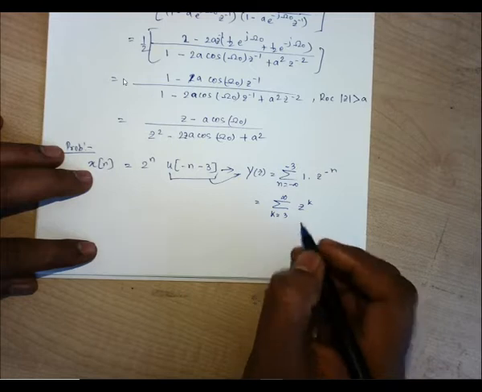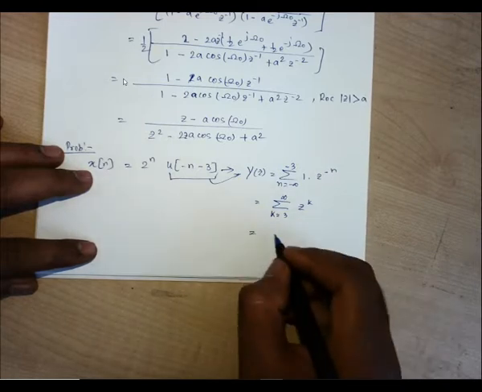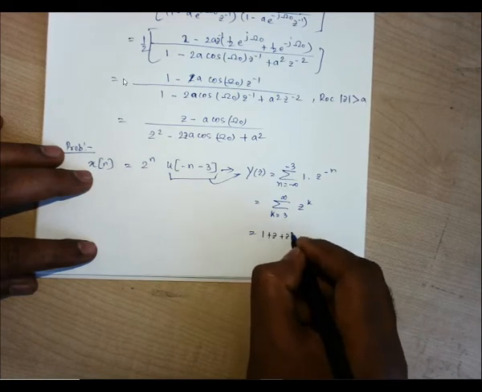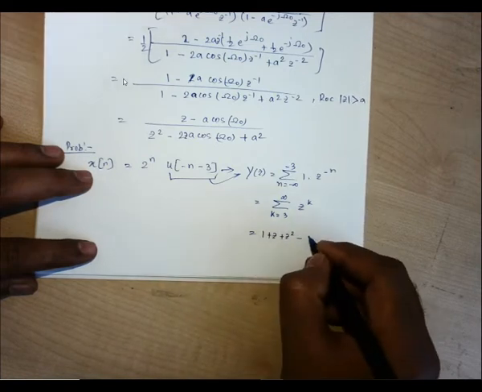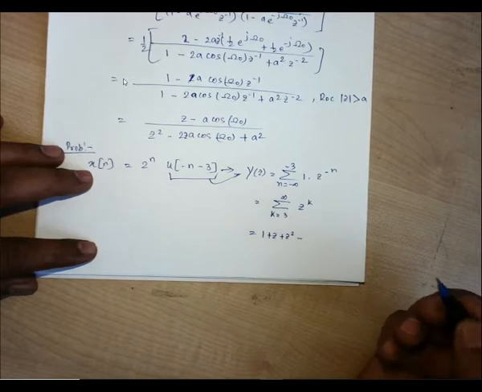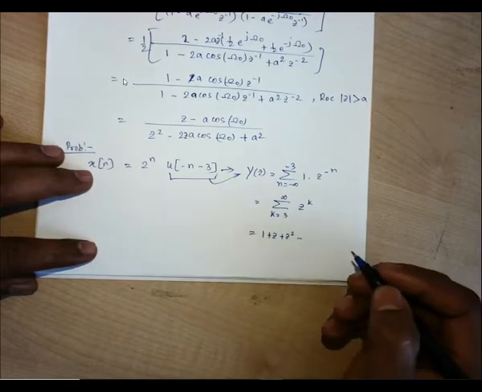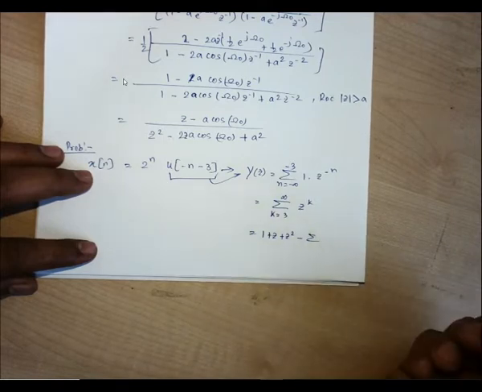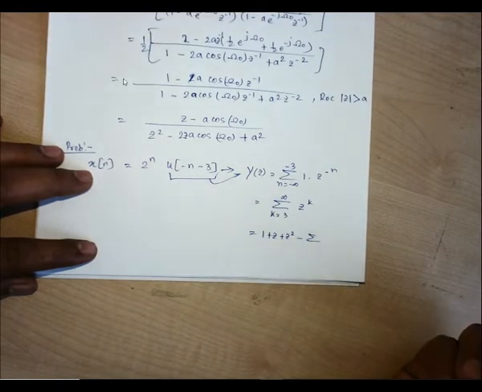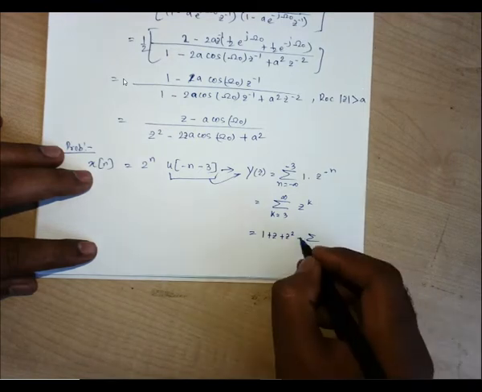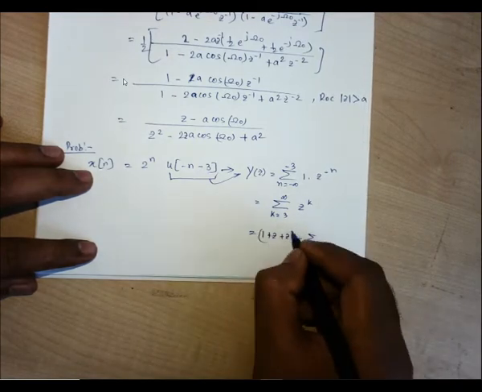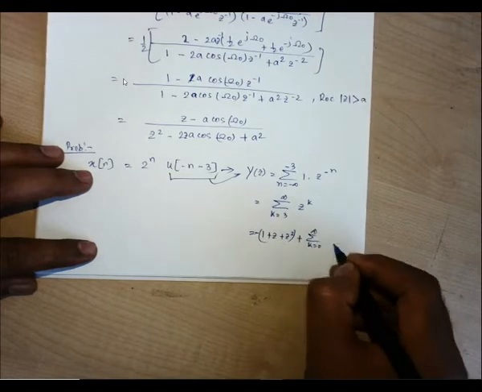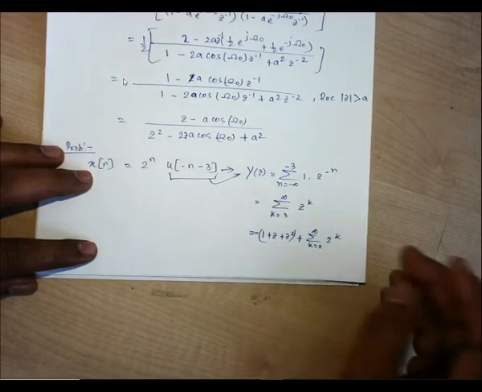So it is plus z square. Am I writing the right one? This one will be negative. It is k equals 0 to infinity z to the power k.